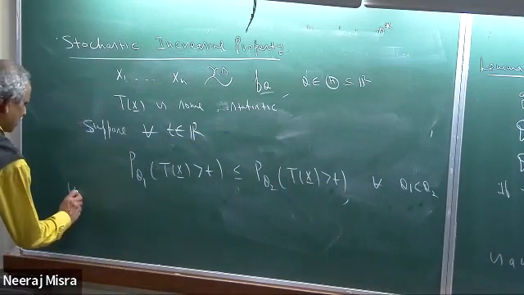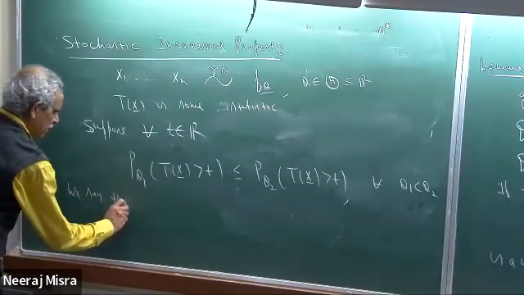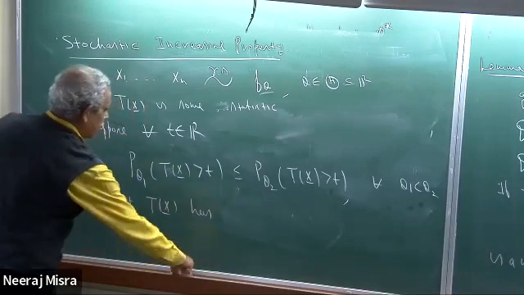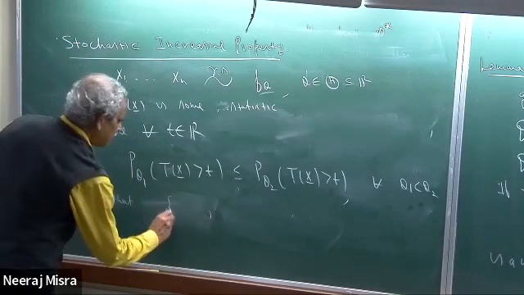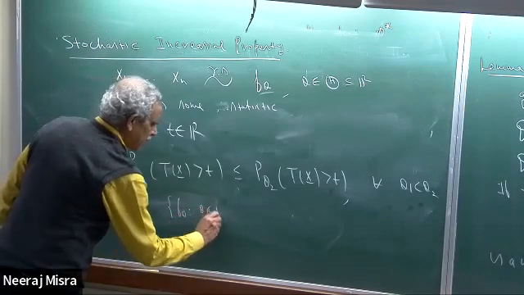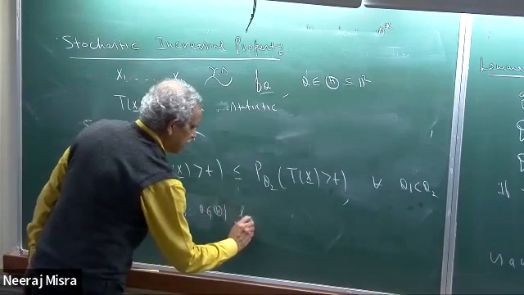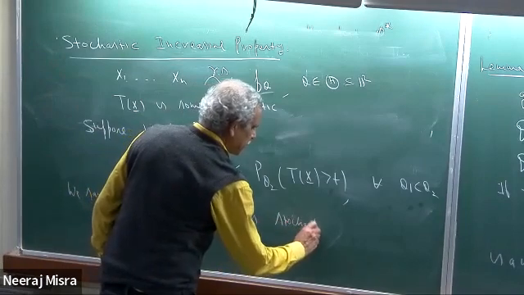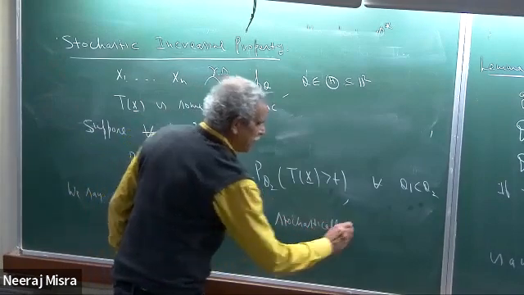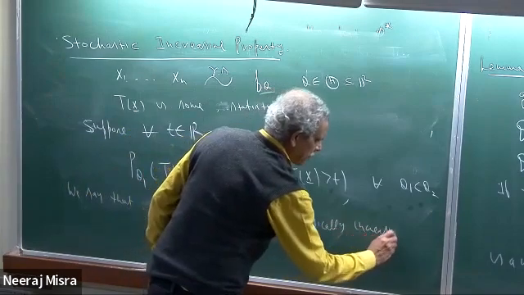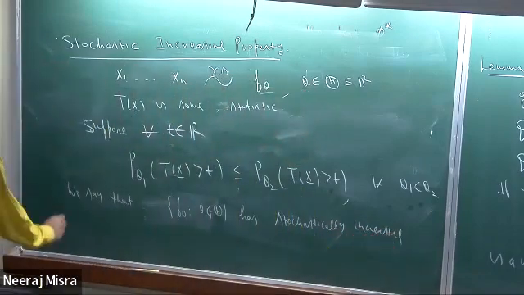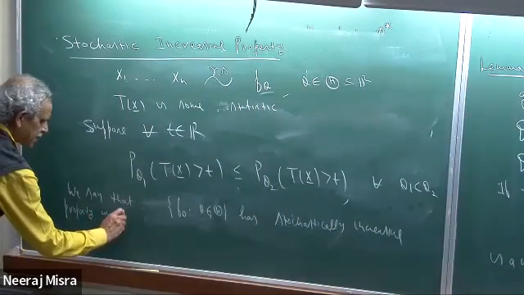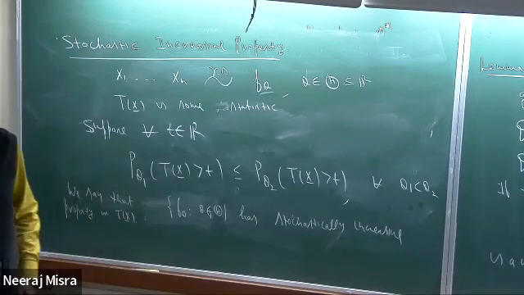We say that the family f theta, theta belonging to Theta, has the stochastically increasing property in T(X), in the statistic T.